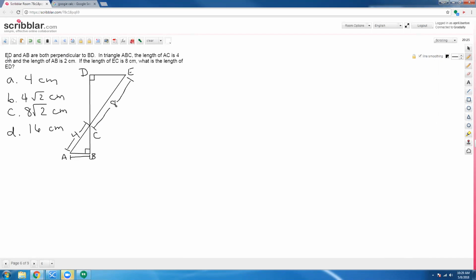So the question says, ED and AB are both perpendicular to BD. Perpendicular, another word, geometry involves just knowing a lot of definitions. So perpendicular means they meet at a 90-degree angle.